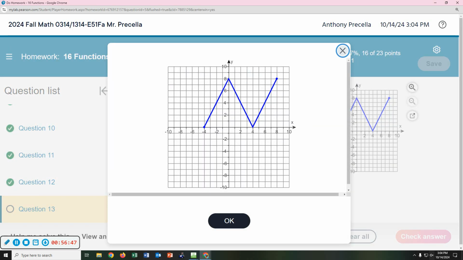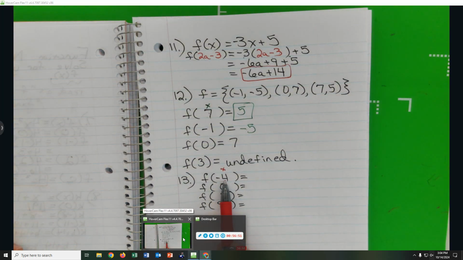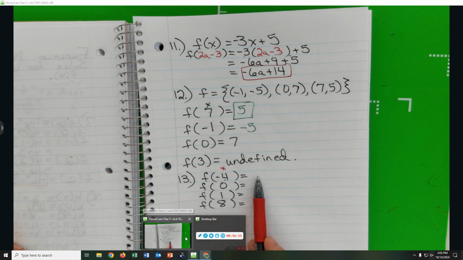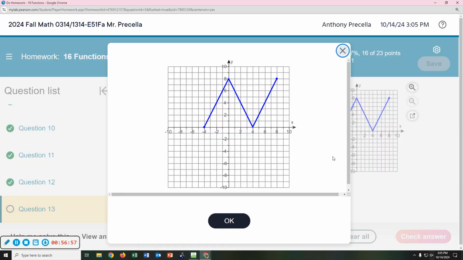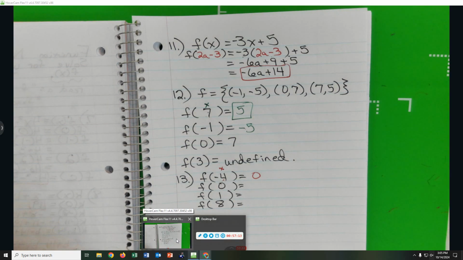So looking at that first one, when x is negative 4, you have to look at the graph and determine the y value. Look at that graph. When x is negative 4, what's the y value? 0. I agree. When x is negative 4, looking at the graph, the y value is 0.